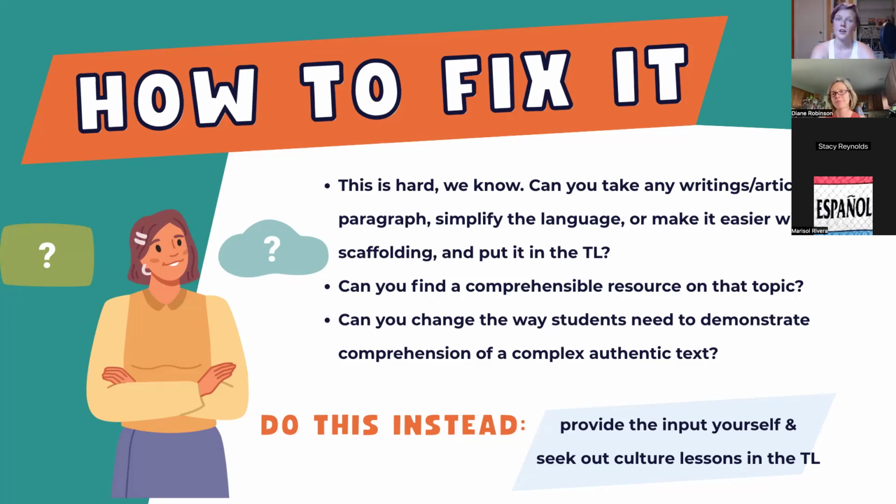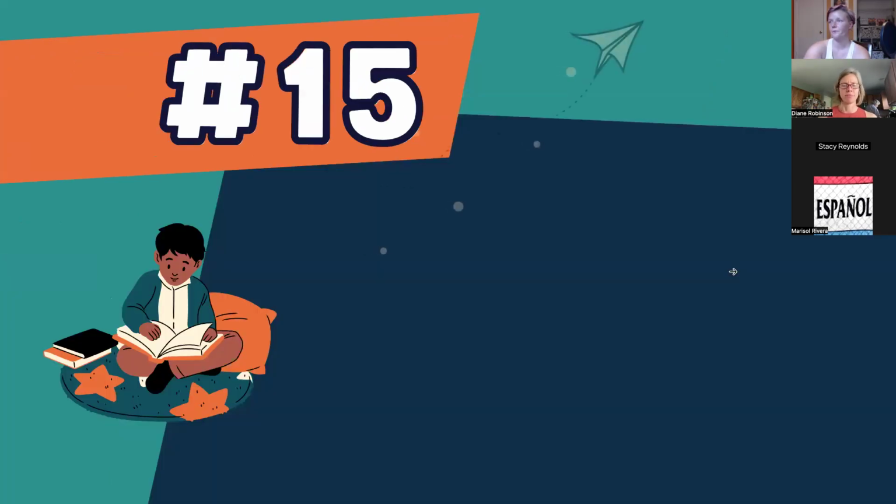Can you put together all the articles that they're reading, the pictures that they're looking at, all these different things that are really cool but might be in English? Could you summarize it for them and just do a write and discuss together? Write a paragraph together, adding all the things that we talked about with acting things out, putting pictures, writing things down. How can you add some of your own input in the target language to that?